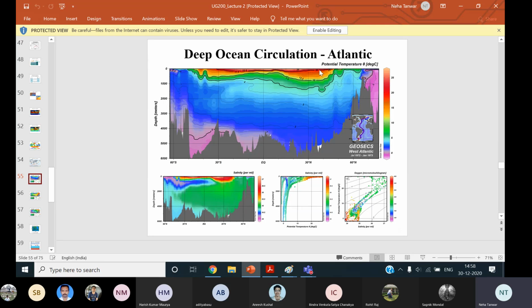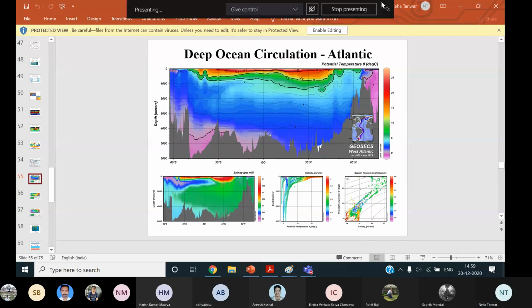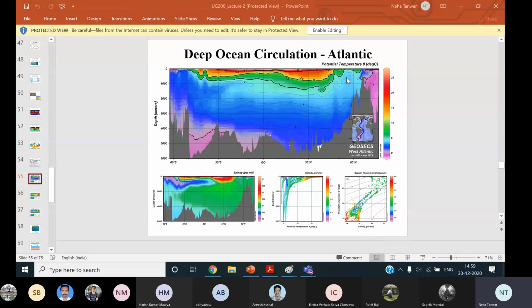Either way, the surface ocean has the maximum temperature, something like 20 to 28, and as we move lower in depth, the temperature decreases. So this is the thermocline layer. At the equator, the thermocline is shallower compared to the tropics. What is the reason for it? At the equator, you have the upwelling. And do remember, this is the Atlantic region.